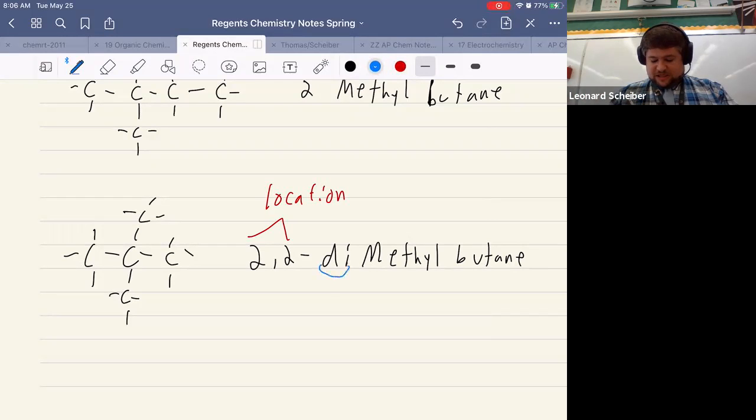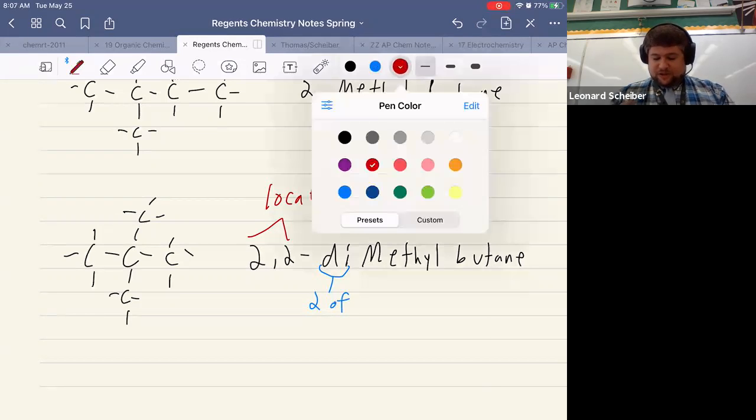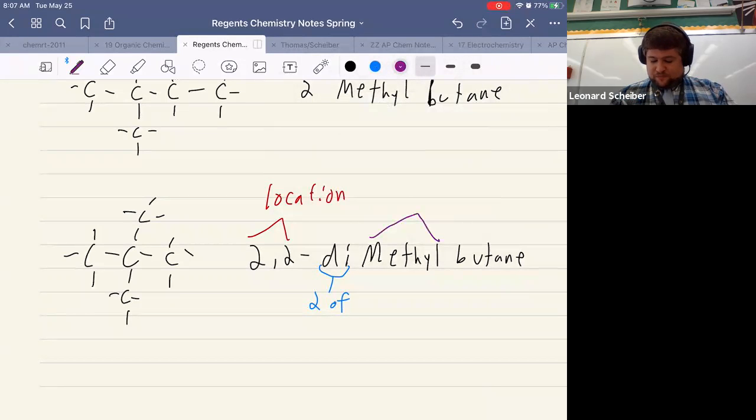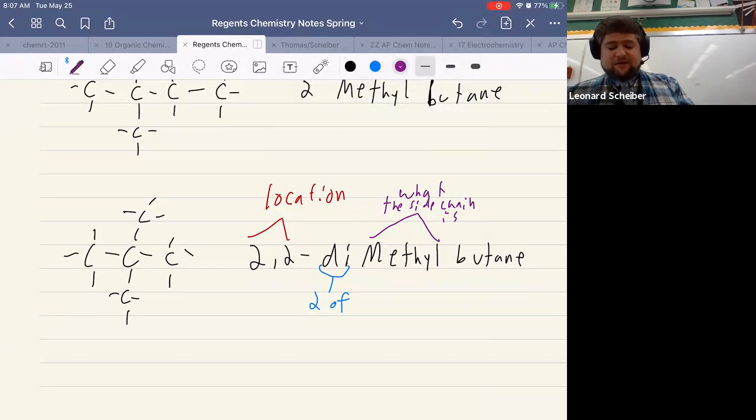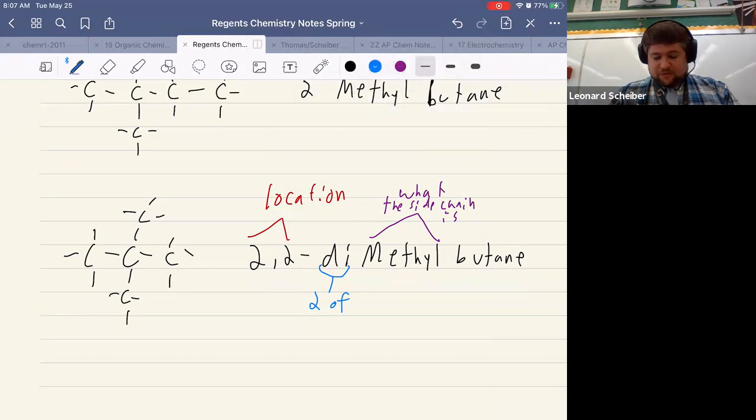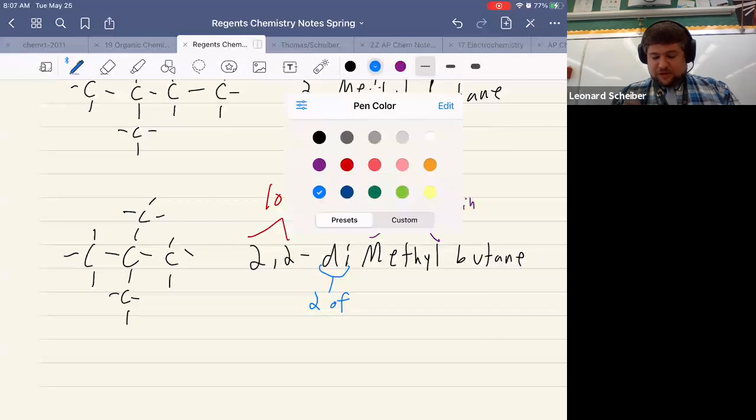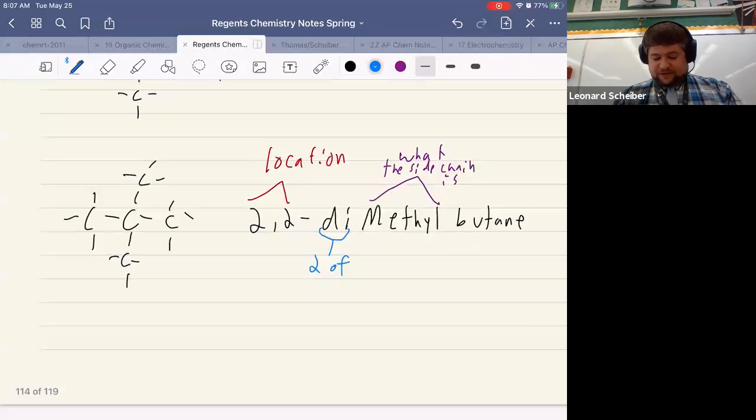The di tells us that there are two of them, and the methyl tells us what the side chain is. 2,2-dimethyl, right?